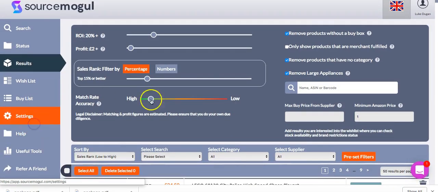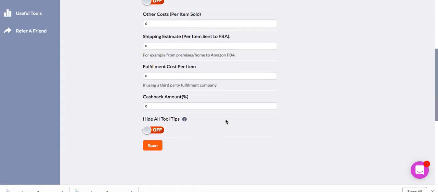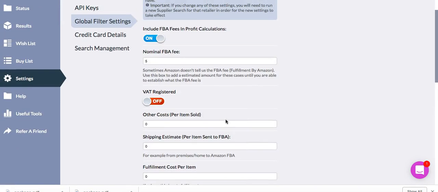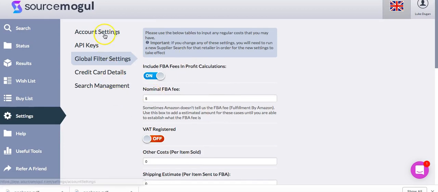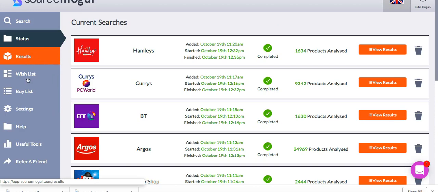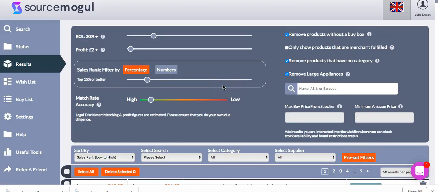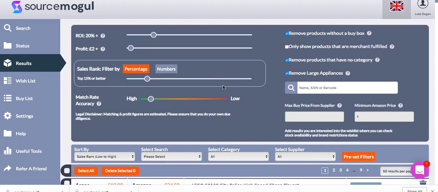Now if we just go in settings quickly, let's see if we can find it, including FBA fees. I can't see it, which is a little annoying because I like to get rid of it. Otherwise you're looking through more, and that's just a little faff. Unless someone can find it, I really can't see it.